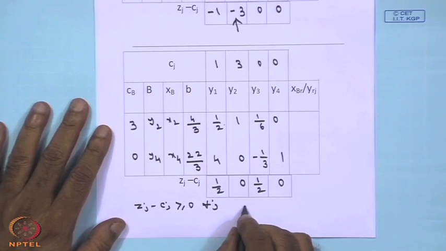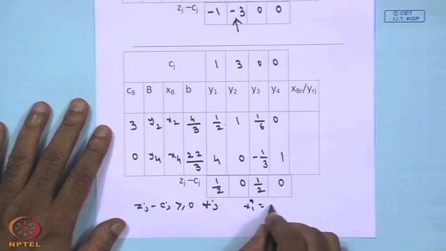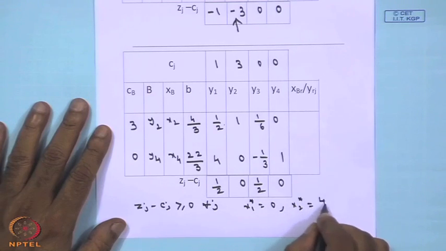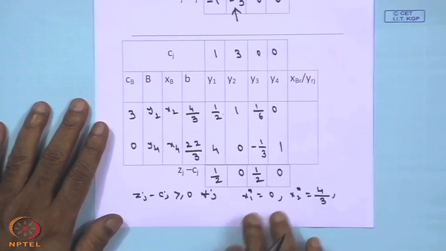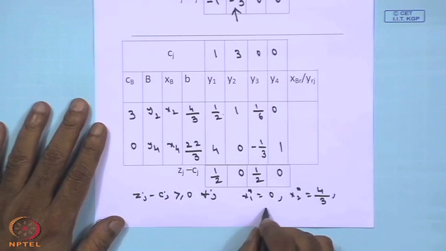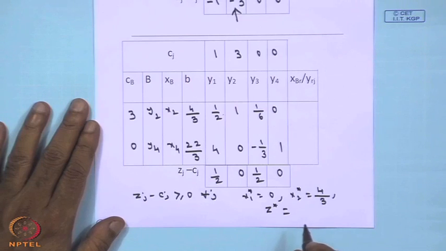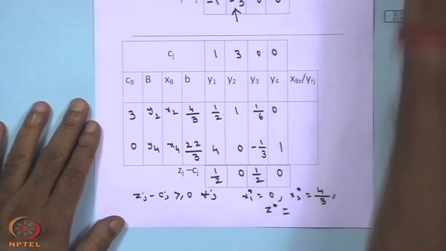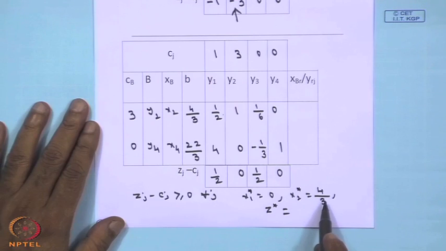What is the optimal solution? Optimal solution is x1 star equals 0, x2 star equals 4 by 3, and your z star you can calculate from here. I am not writing, the equation was 1, 3. So, basically the value was x1 plus 3x2, that was z. So, therefore, z star is 4.